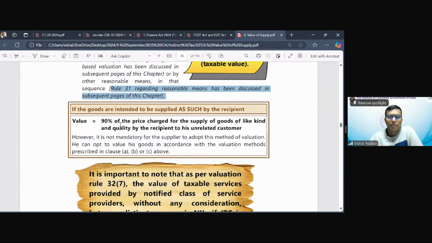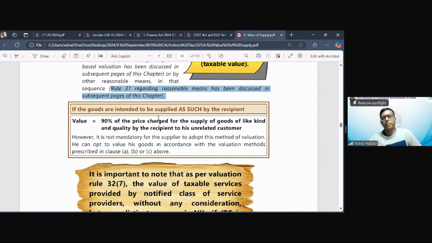What it says, if the goods are intended to be supplied as such by the recipient, value is 90% of the price charged for the supply of goods of like kind and quality by the recipient to his unrelated customers. However, it is not mandatory for the supplier to adopt this method of valuation. He can opt to value the goods in accordance with the valuation method prescribed above, that is ABC.